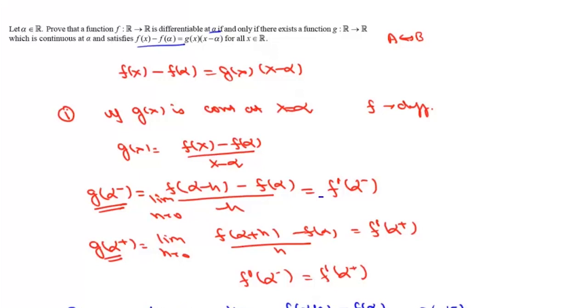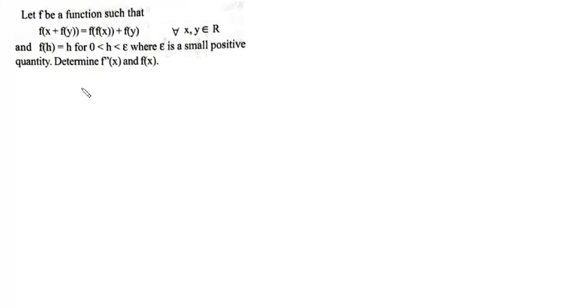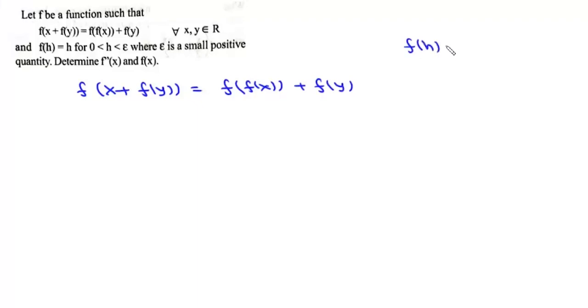Now here the question is, we are given this function f such that f(x) plus f(y) is equal to f(f(x) plus f(y)), and it says f(h) is equal to h for h lying between 0 and epsilon, where epsilon is a small quantity.